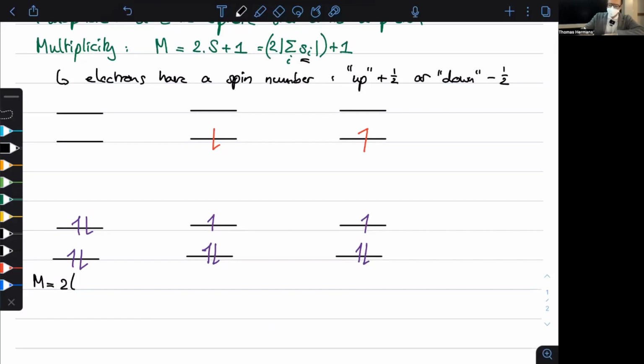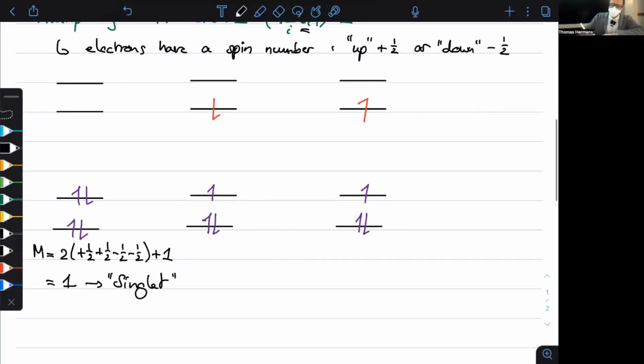We have 2 electrons up and 2 electrons down. So we have plus half, minus half, which is 0, plus 1. So multiplicity is 1. So you call this a singlet. 1 for singlet. And this is a singlet ground state.